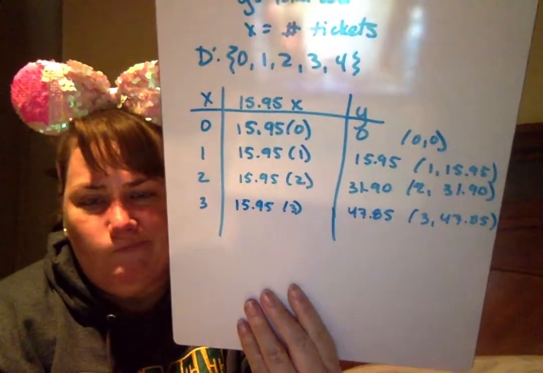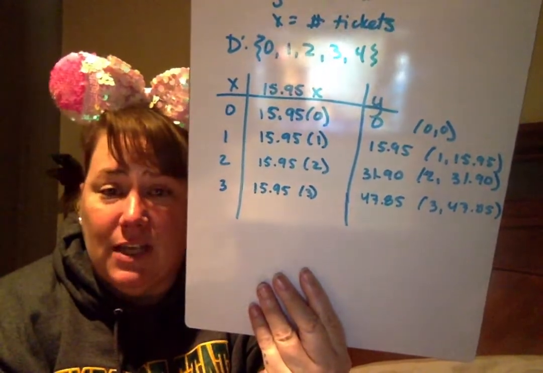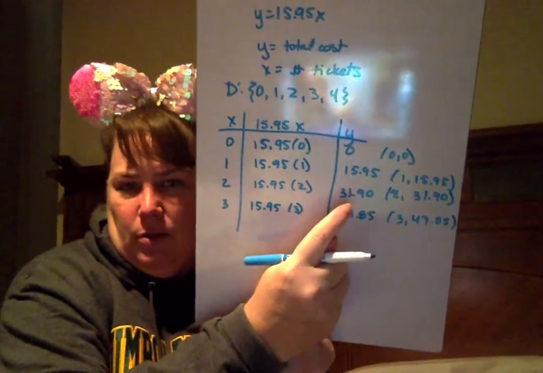So 3 and then 47.85. And you're going to do this last for 4. So what you could do is just double 31.90. 15.95 times 4, double 31.90. Oh gosh, I don't want... 63.80. Ha! I was right. Sweet.